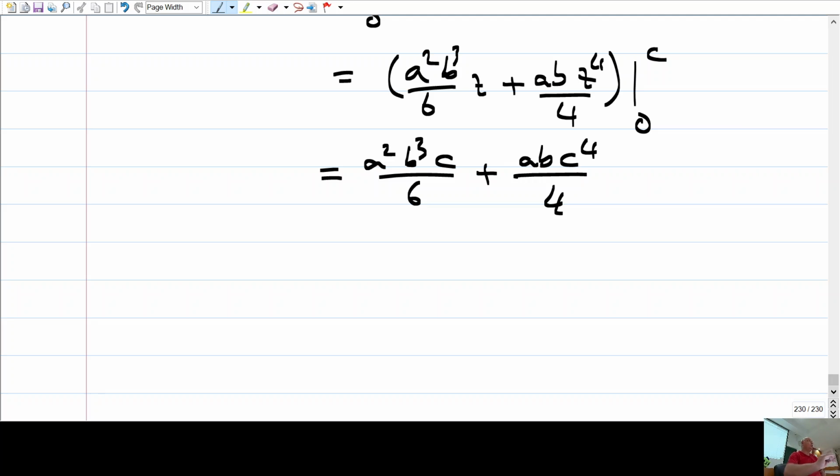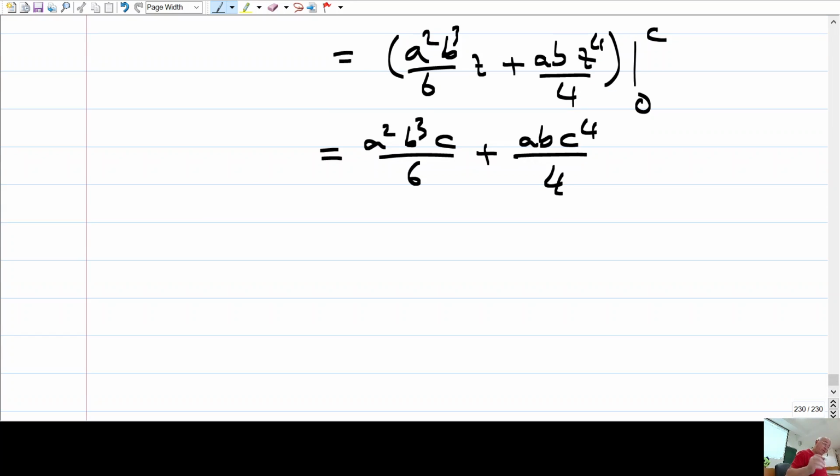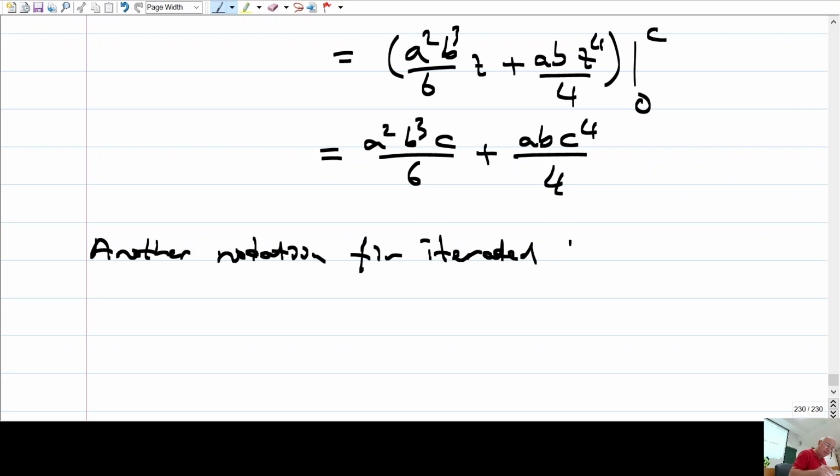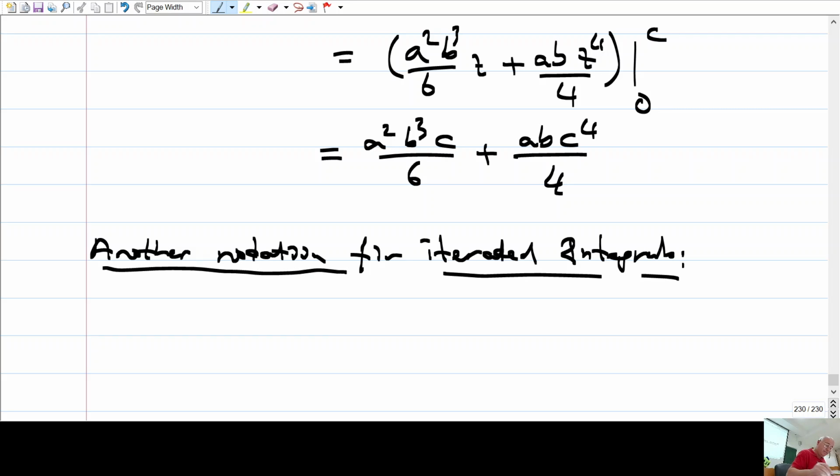The book also uses the following notation, another notation for iterated integrals. As in the case of double integrals, there are two notations.